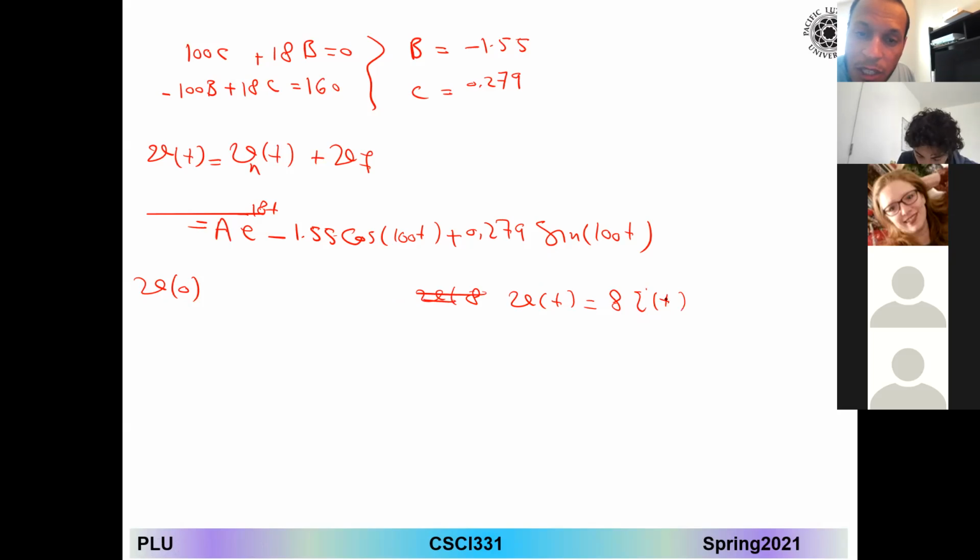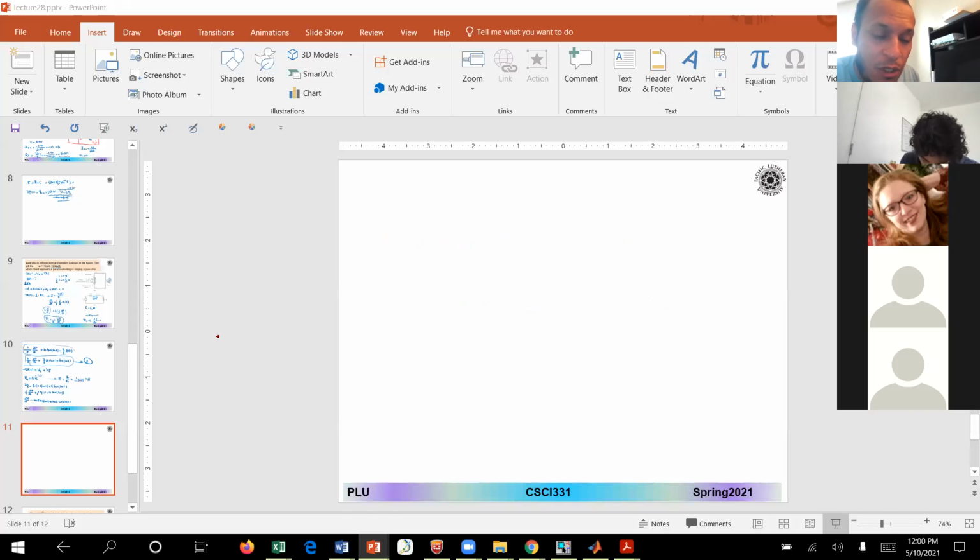So when we have t equals 0, this one will be 0. So basically I end up with 0. 0 here will be A, 0 here will be minus 0.15, and 0 for the sine will be 0. So you end up with A equal 1.55 positive.